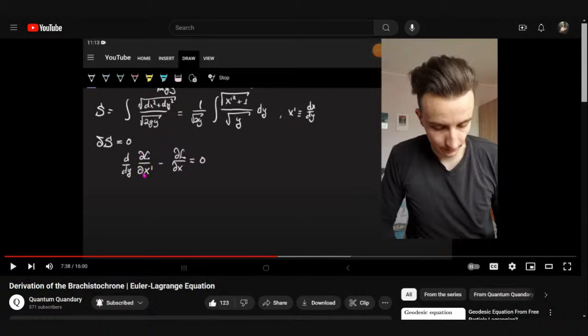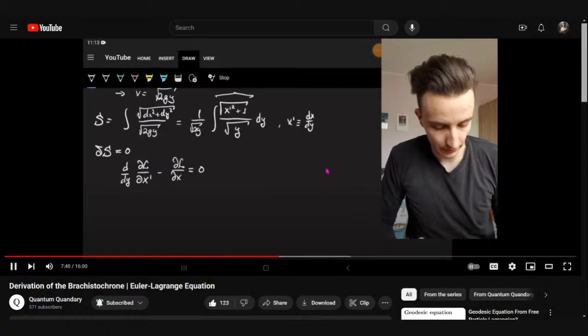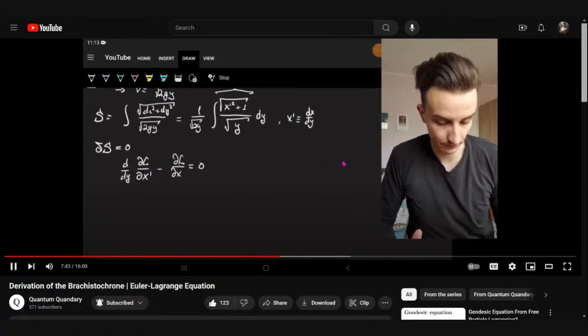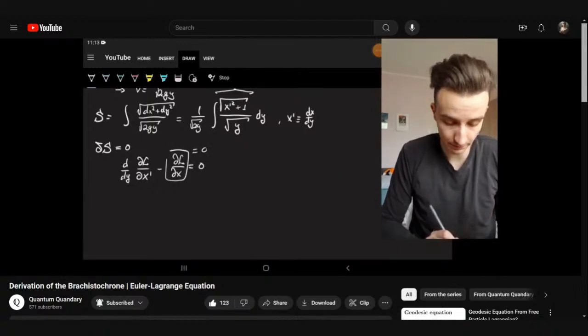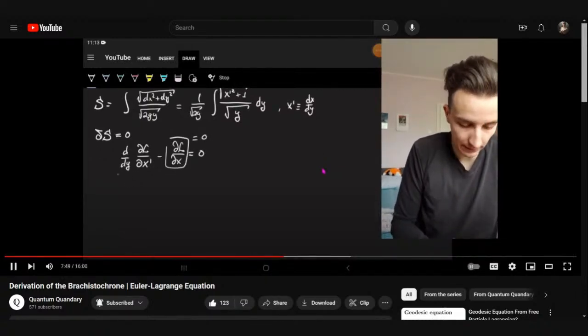So whatever y ends up here. Okay, the next thing is to actually do this derivation, to do this derivative. We need to differentiate everything. But luckily, this part here is just equal to 0. So what we get is that d by dy. What do you mean it's 0?